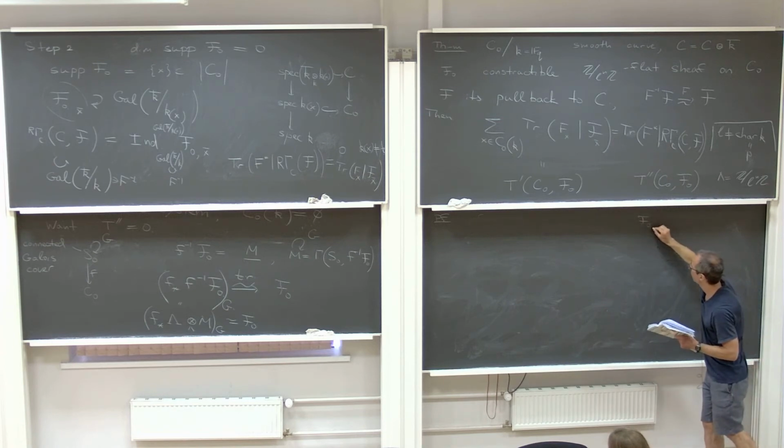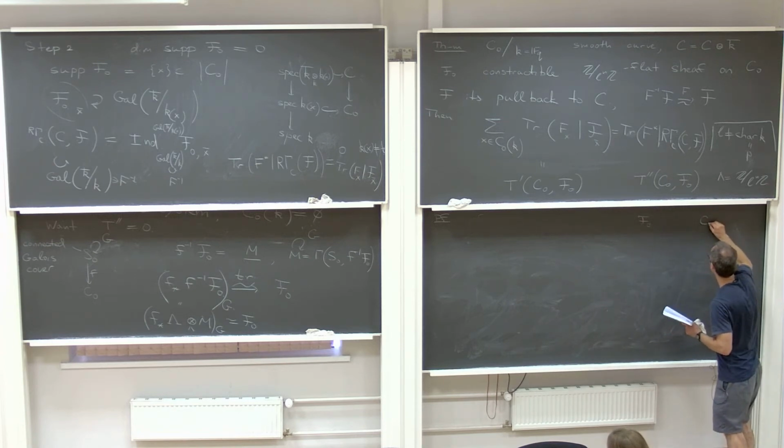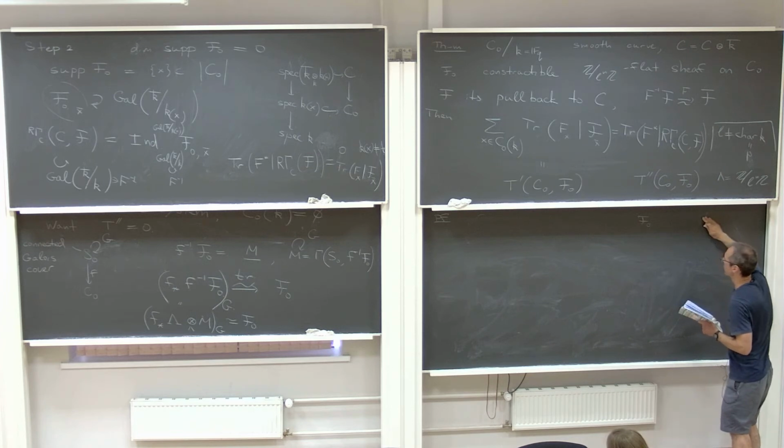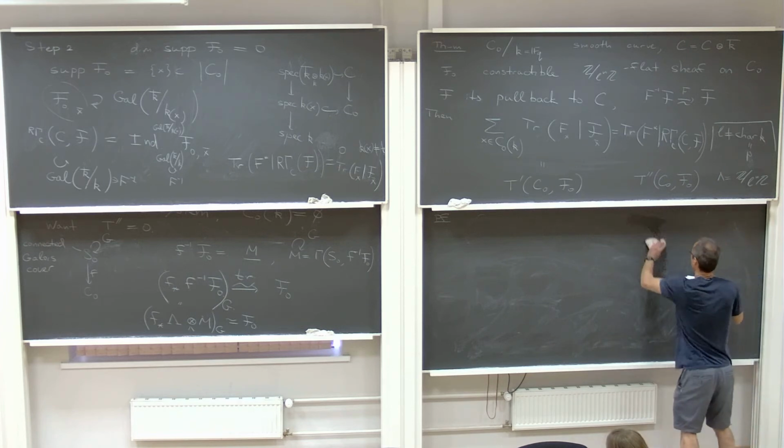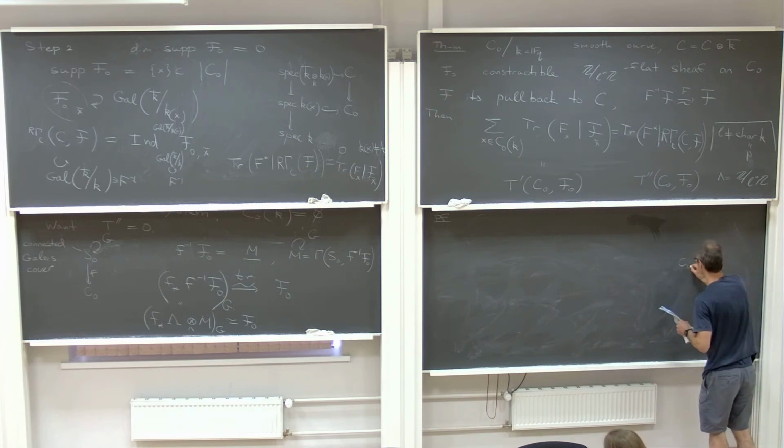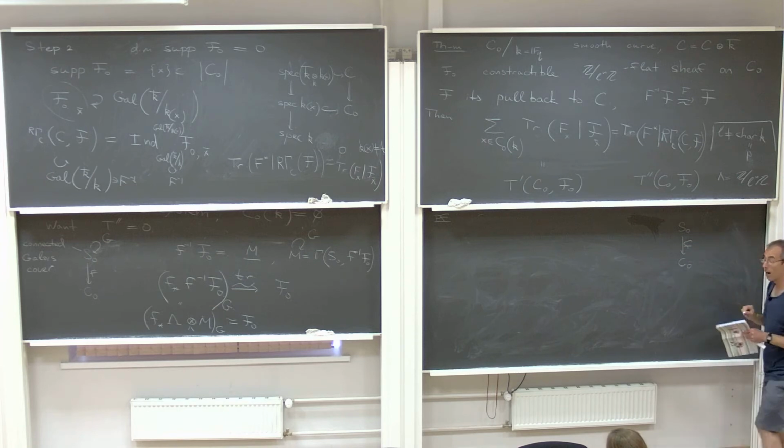So I have C0. Yeah, so now I will draw a diagram for you. So here I have C0. Here I have S0. This is a Galois cover.